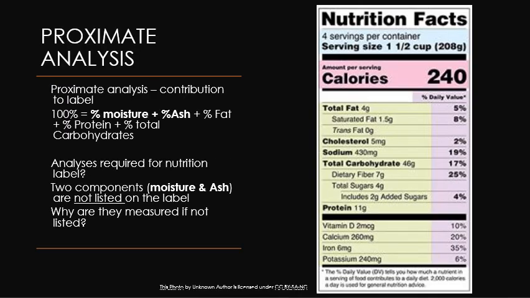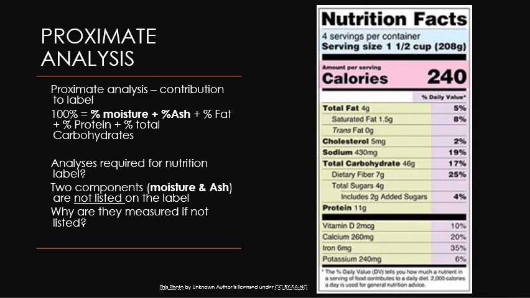So how do we determine the composition of food and what needs to be labeled in the food label? The standard method that we use for this purpose is proximate analysis. This is where 100% of the food product is made up of the sum of the percentages of moisture, ash, fat, protein, as well as total carbohydrate.